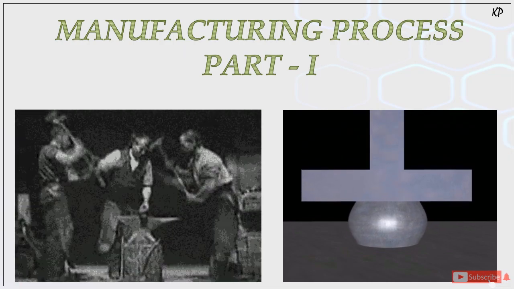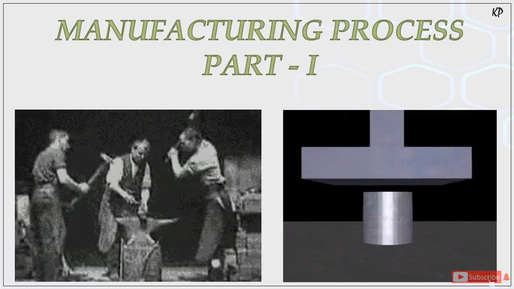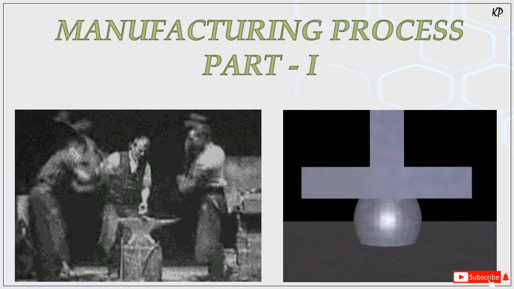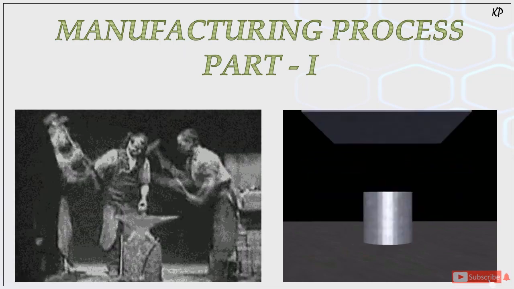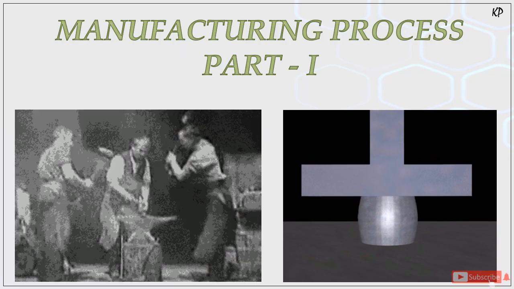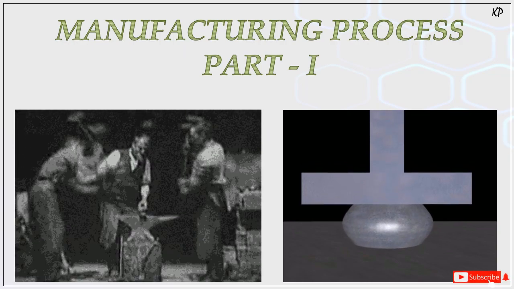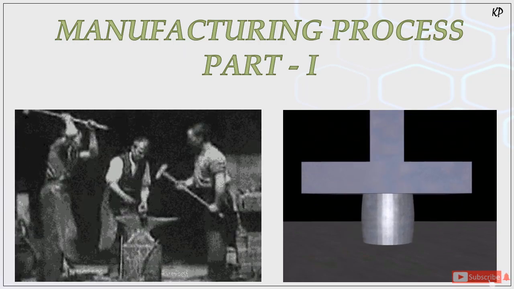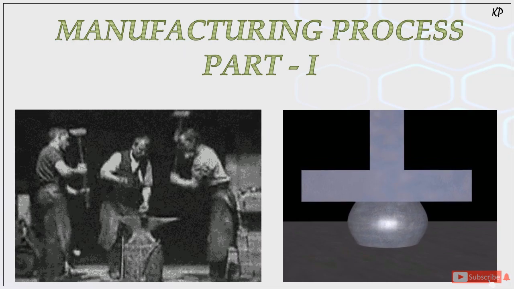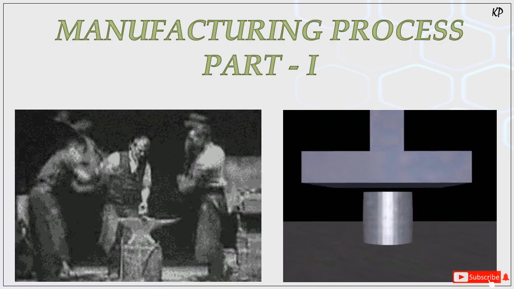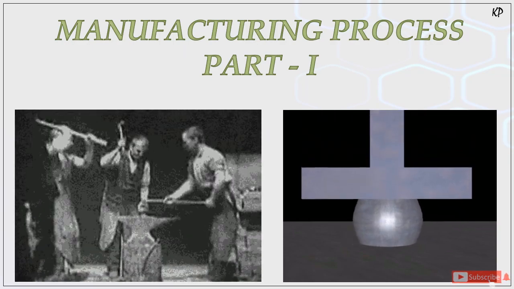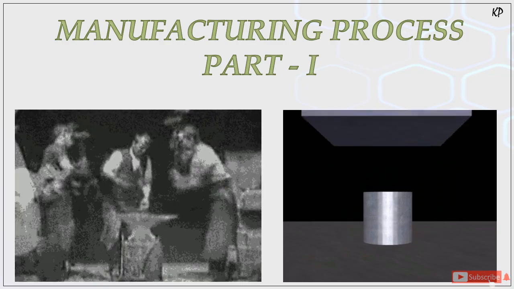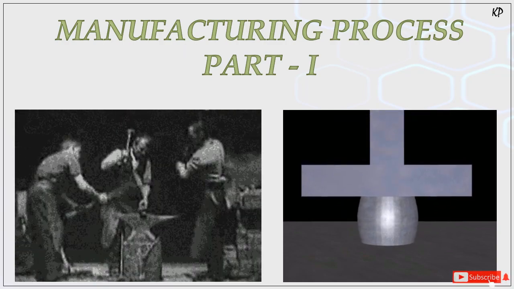So these are the processes which give us very good quality products, and they will solve our problems. We will see these different manufacturing processes in this video. So please stay with me so you will understand what manufacturing processes there are in industry.